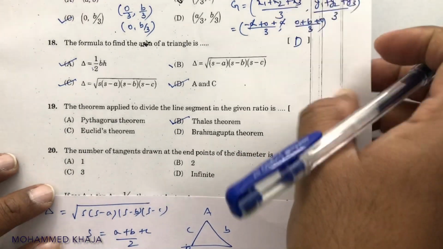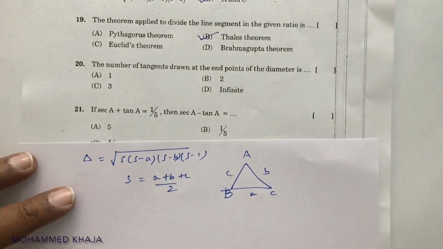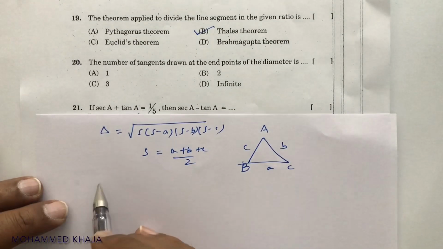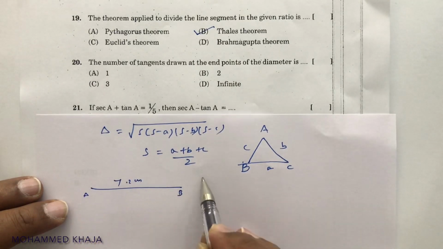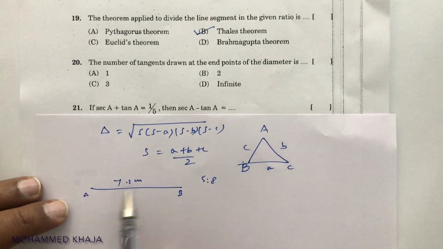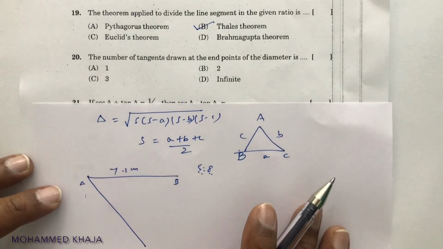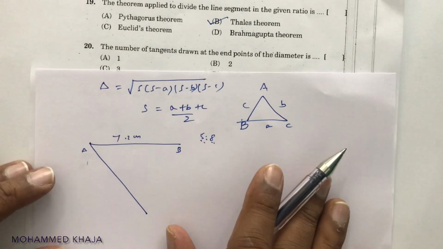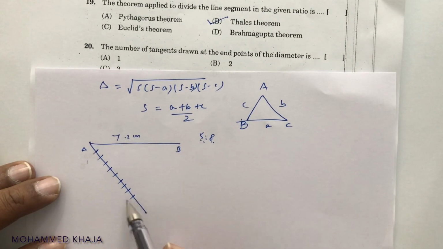See, for division of a line segment, for example, you want to divide a line of 7.2 centimeters in the ratio 5:8. So you'll draw a ray and divide it into 5 plus 8, 13 equal parts: 1, 2, 3, 4, 5, 6, 7, 8, 9, 10, 11, 12, 13.